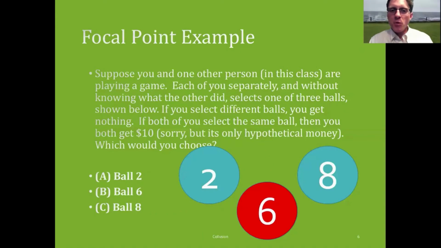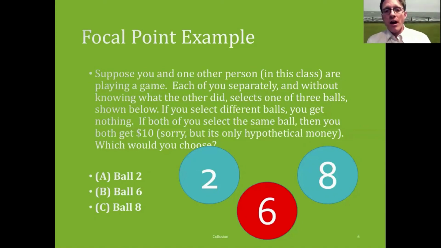So the question is, which would you choose? Your goal here is merely to choose the same one as the other student who you're unable to communicate with. Pause the video. Think about it for as long as you want to, quite frankly. And then once you think you have the answer or are ready to proceed, just unpause the video.